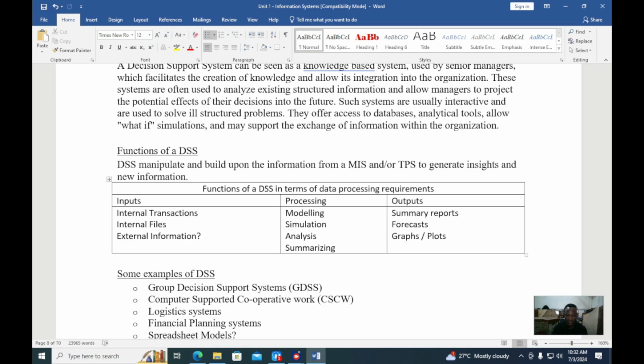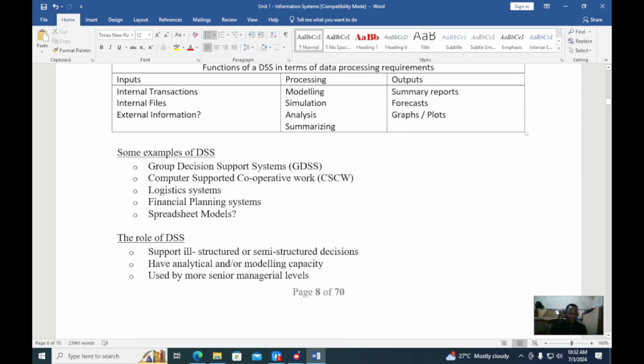Then they process the inputs through modeling, simulation, analysis, and summarizing. What they get out is summary reports, forecasts, and graphs or plots. Some examples: we have group decision support systems, computer supported cooperative work, logistics systems, financial planning systems, and spreadsheet models.